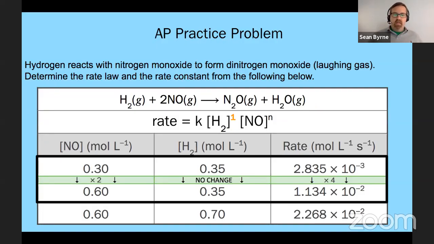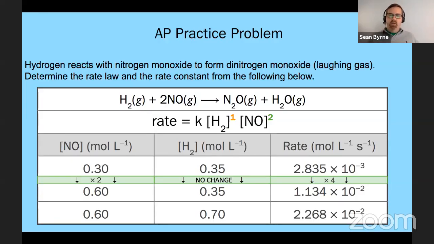What we see is that when the nitrogen monoxide doubles, the rate quadruples, or it goes up by a factor of 2 squared. We went through a practice yesterday where we calculated out, when the numbers are not real easy, how you could set up a problem. So if it doesn't jump out to you that the order for nitrogen monoxide in this equation is going to be a 2, you may want to go back to yesterday's lesson and see how we set up the problem in such a way that we were able to solve for that exponent.